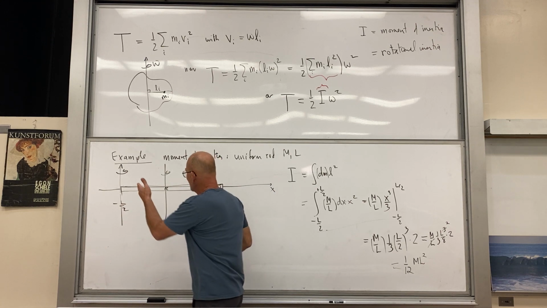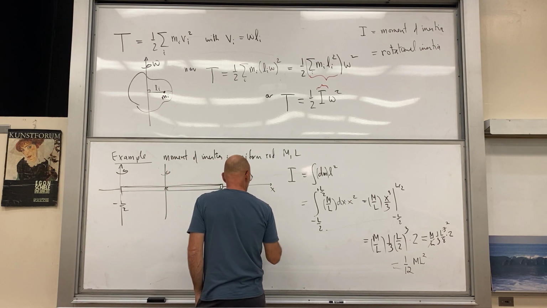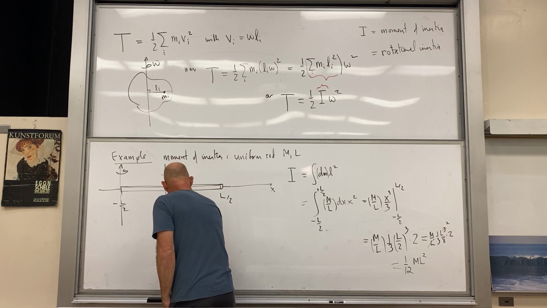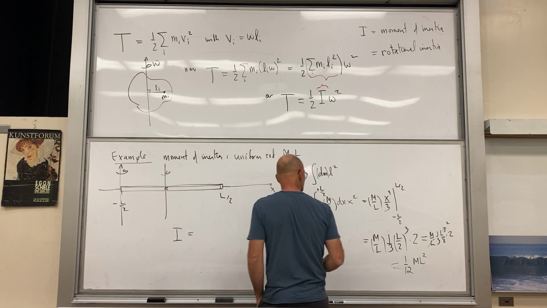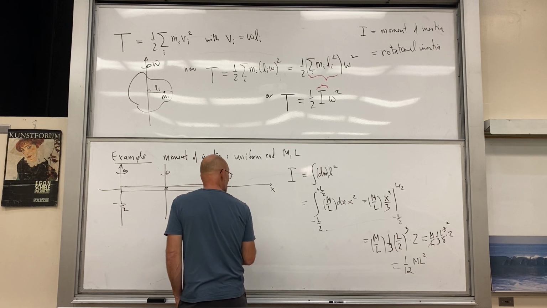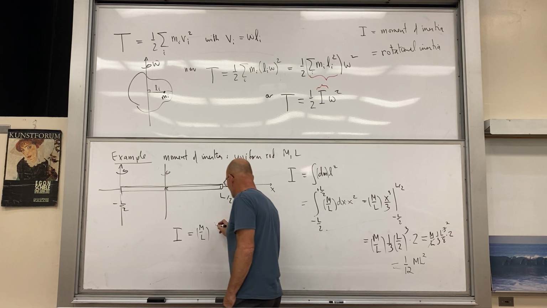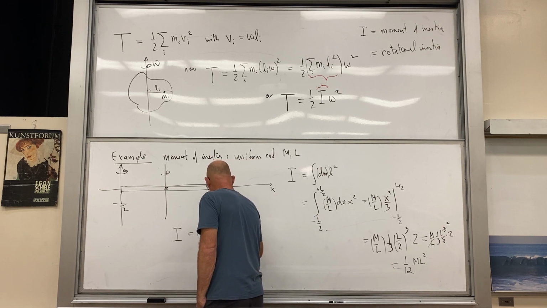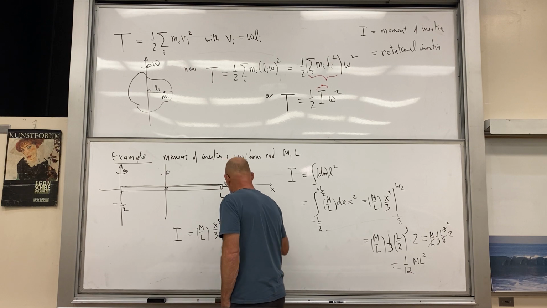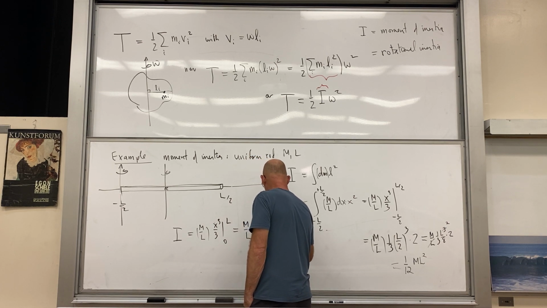So that's our new axis of rotation, and we're integrating from 0 to L. In that case, we have M over L times x cubed over 3 from 0 to L. M over L times L cubed over 3 equals 1/3 ML squared.